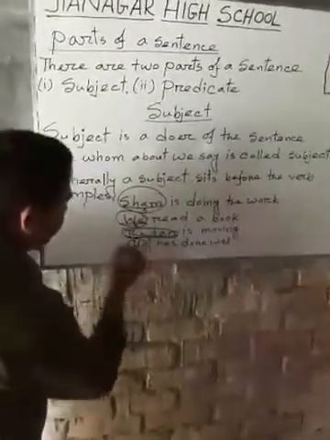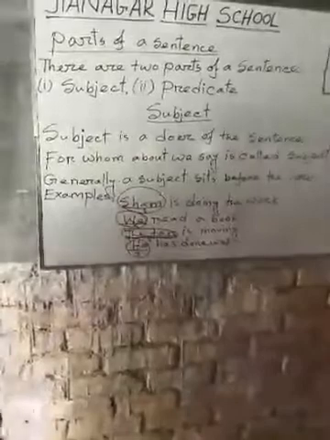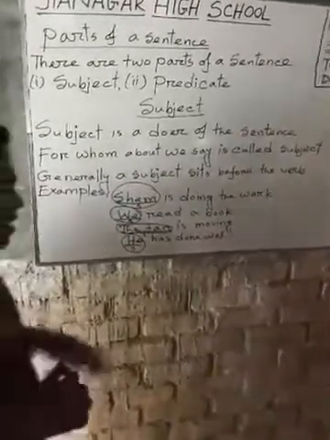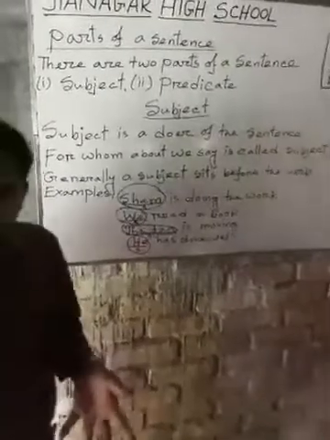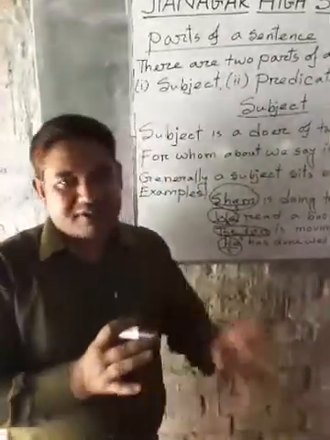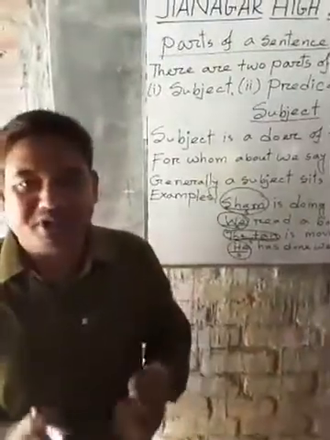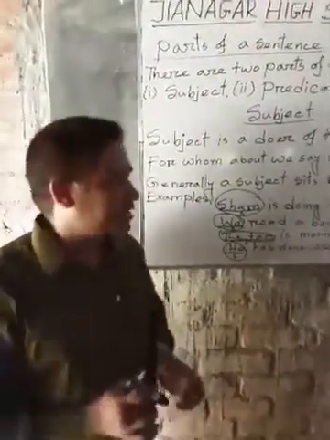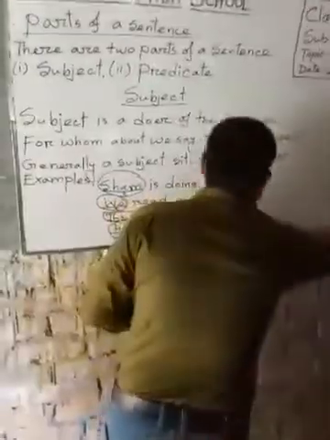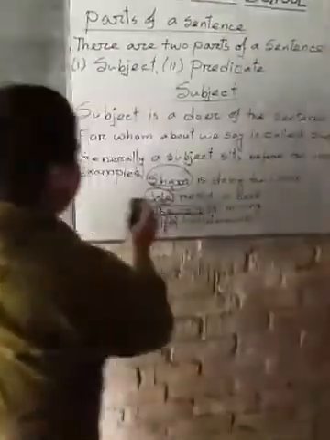So he is the subject in this sentence. I think it is clear. Sometimes subject may be larger than predicate, or sometimes subject may be smaller than predicate. Okay? I think it is clear.